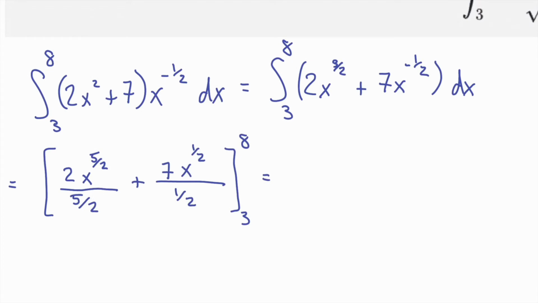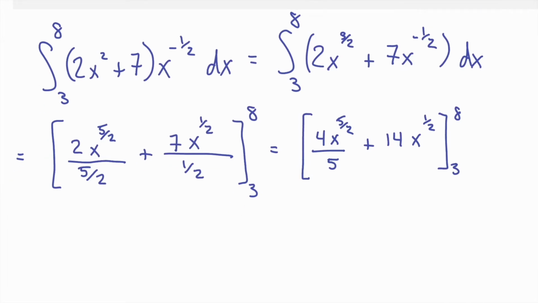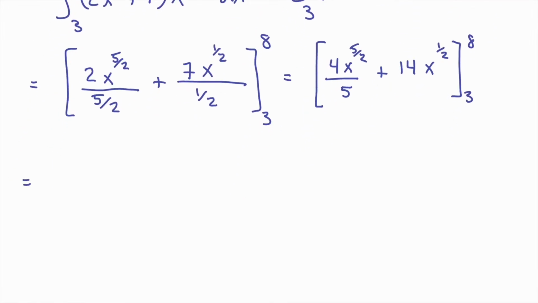Now I can go ahead and simplify this expression a bit before evaluating. And now I'm ready to evaluate. So we're first going to plug in our upper bound 8 everywhere that there's an x in this expression.